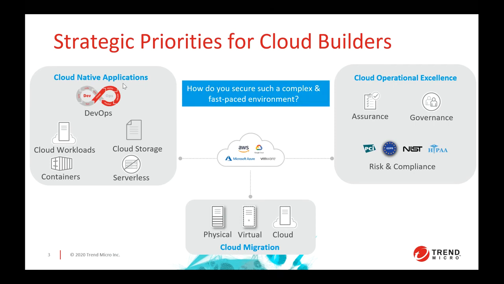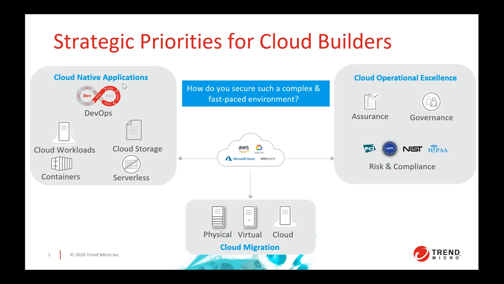So how are we going to secure all these things? We are migrating the workloads, the applications, and the storage services from on-prem to multiple public cloud environments. And the container environments are there, serverless environments are there.